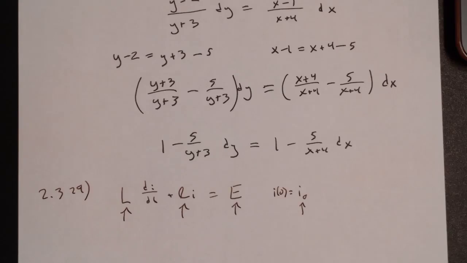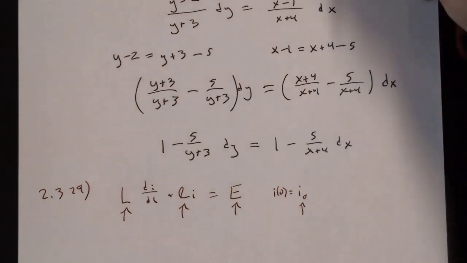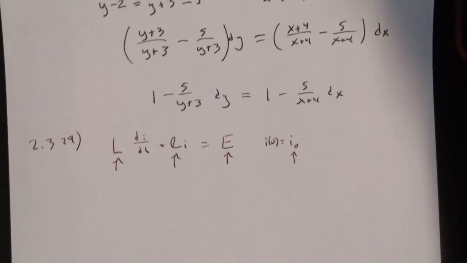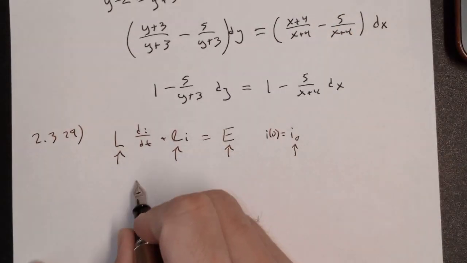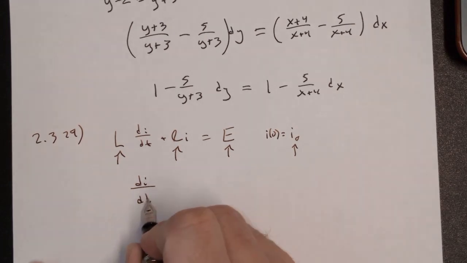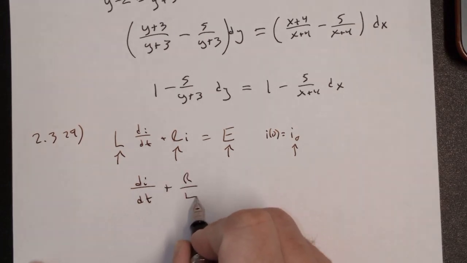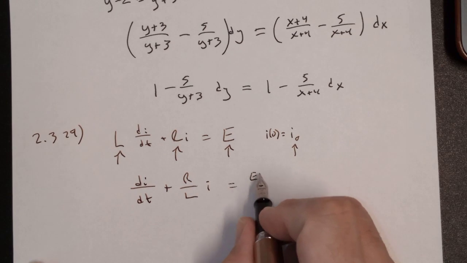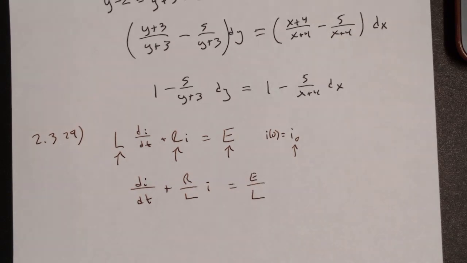So I'm going to divide by L. di/dt plus R over L i equals E over L. With me so far? R over L is a number, but it's in the spot for P of t, right?